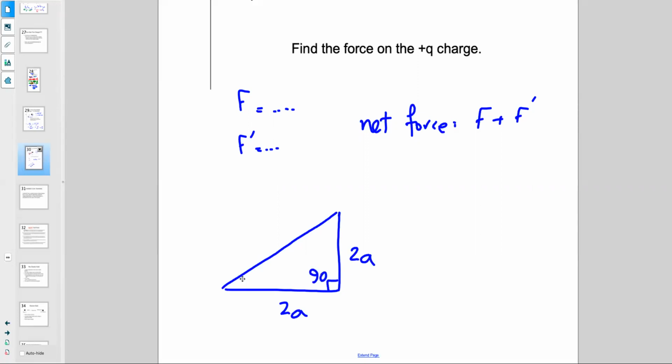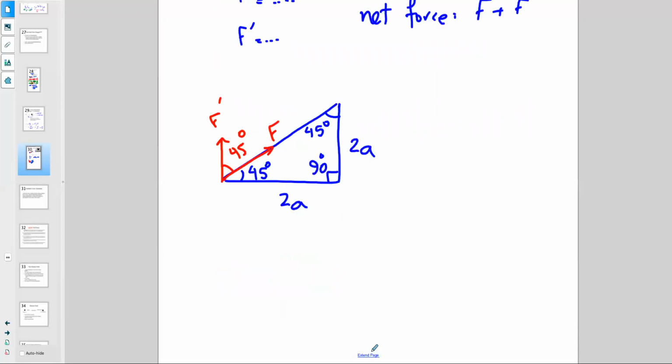That leaves us with 45 degrees here and 45 degrees here. Okay. Because you have this 2A and this is 2A, so you're left with these two. And that means that your F and your F prime will have a 45 degrees angle between them. Okay? And you know how to add them up.